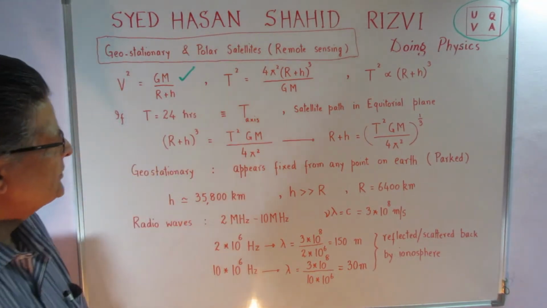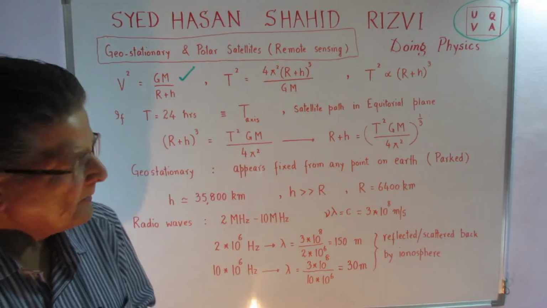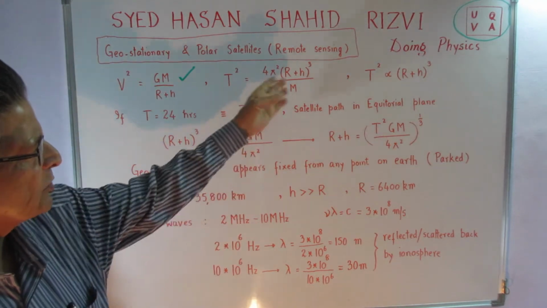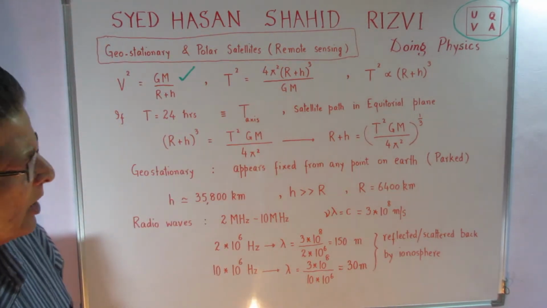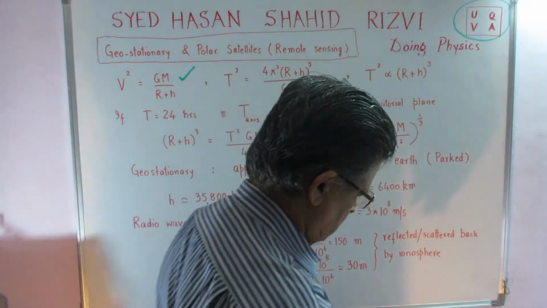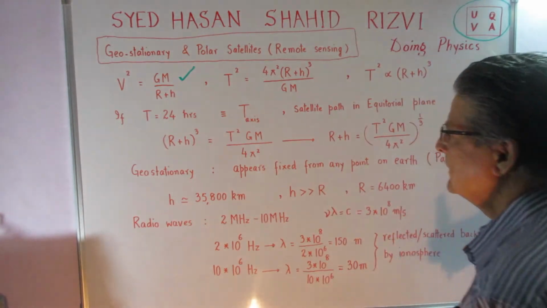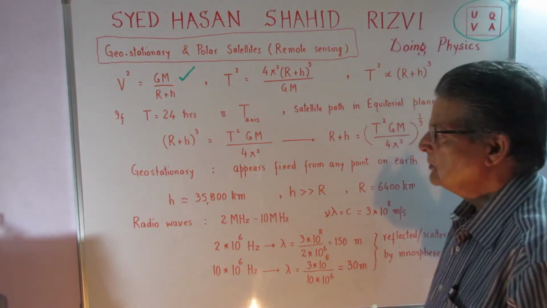The other relation is that the square of the time period of the satellite is equal to 4 pi square, r plus h whole cube, divided by G M, where h is the height of the satellite above the Earth.